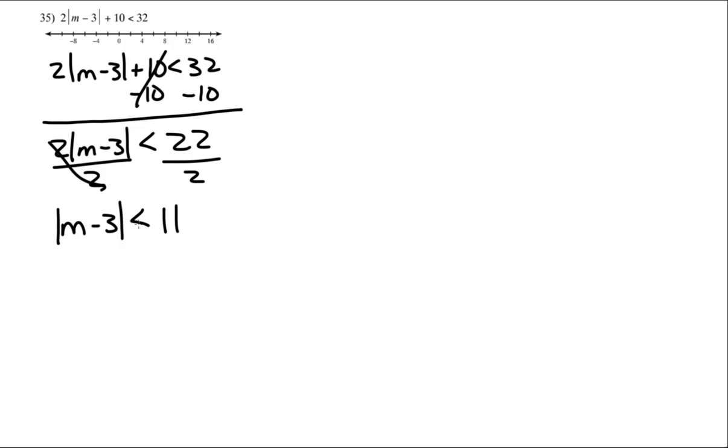This is less than, so this is going to be an and problem. So what we know is that m minus 3 is less than 11, and the negative of m minus 3 is less than 11. Sorry, my bad. So we can solve both of these.